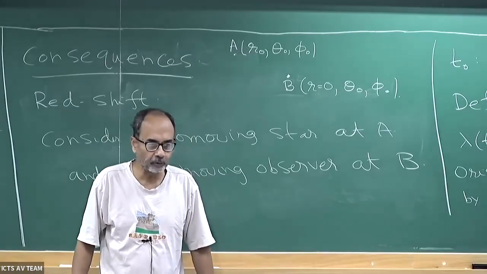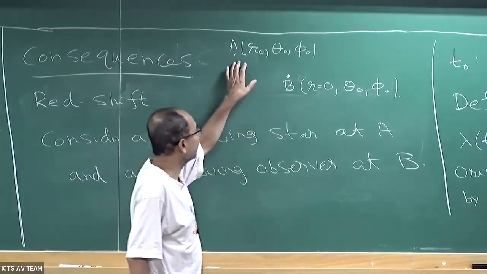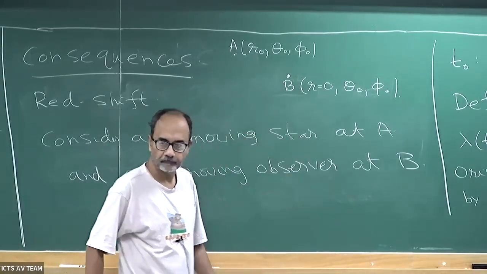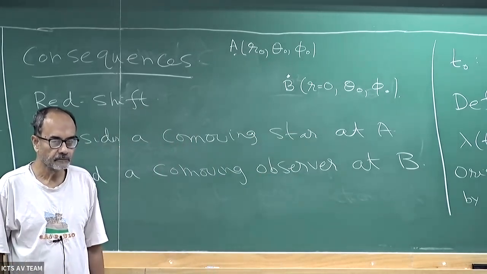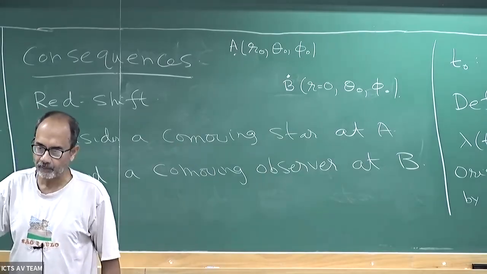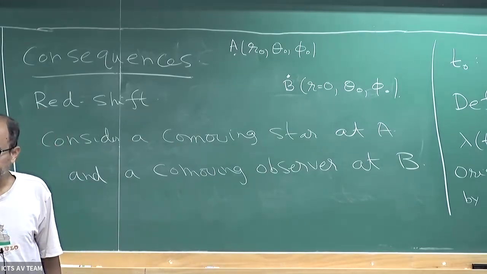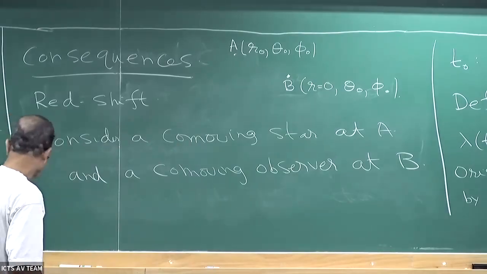Only the radial position should make a difference because of isotropy. So you can take A to be at r naught, theta naught, phi naught. Is it clear? So B at the origin is the observer, say us, and some faraway star is at r naught, theta naught, phi naught.